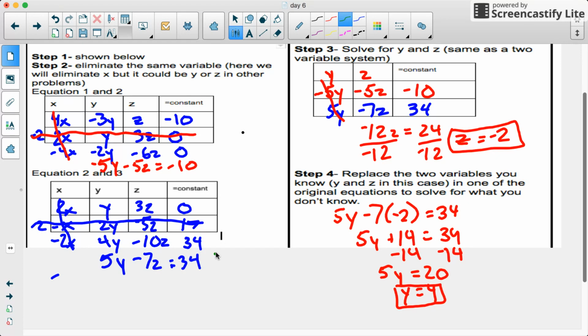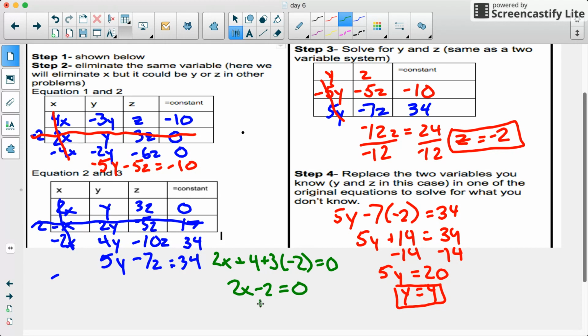So that looks like 2x plus 4 plus 3 times negative 2 equals 0. And 4 plus 3 times negative 2, that's negative 6. 4 plus negative 6 is negative 2.